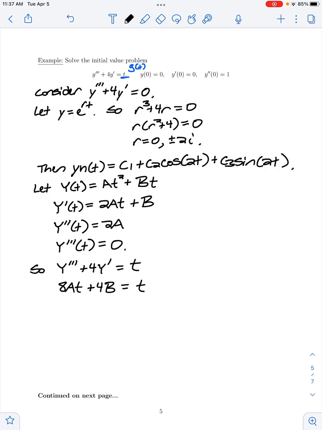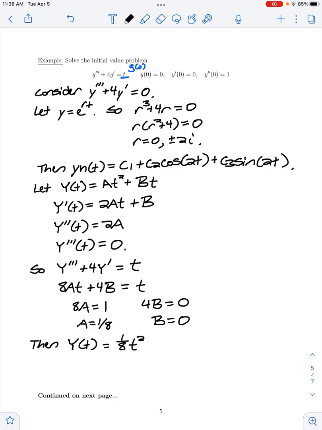So equating our coefficients, we find 8a has to be 1, so a is 1/8, and 4b has to equal 0, so b is 0. And so we find that our particular solution, capital Y, is equal to a, which was 1/8 t squared, plus 0t.